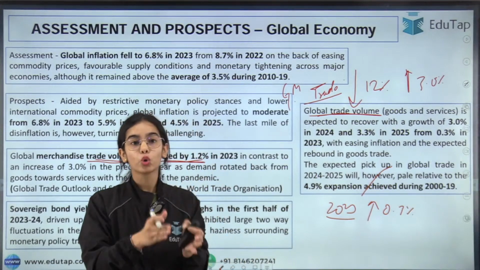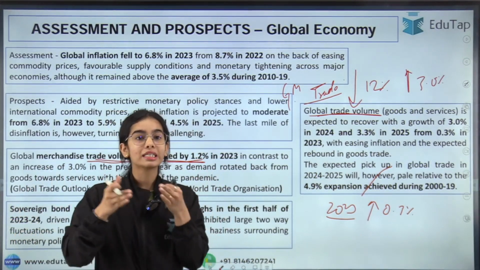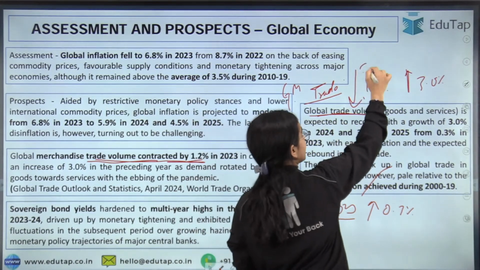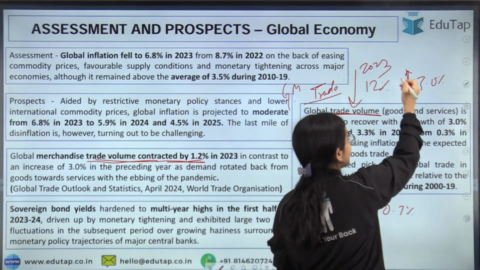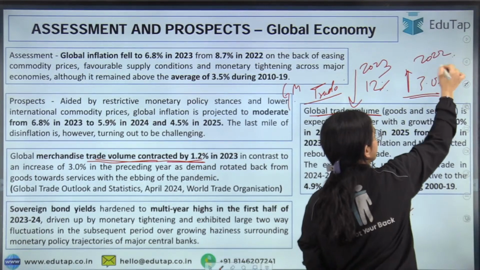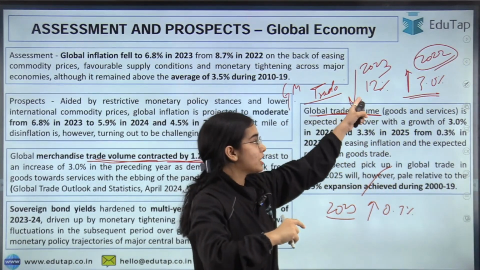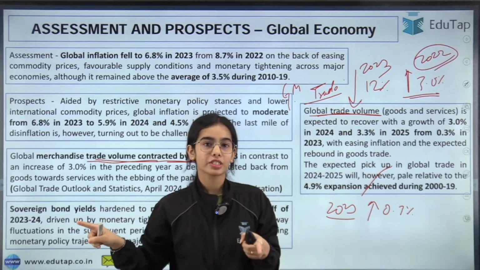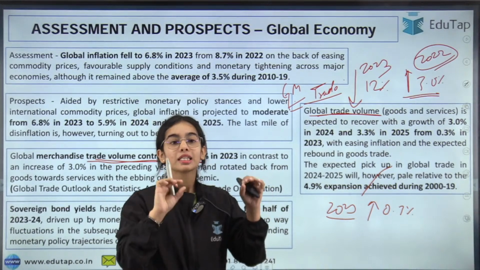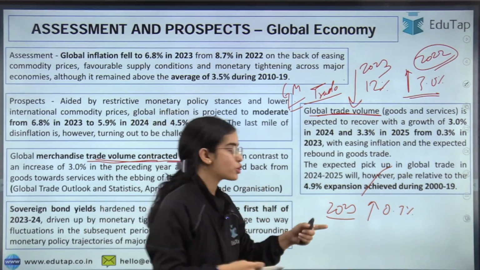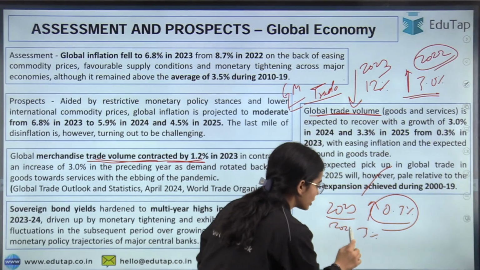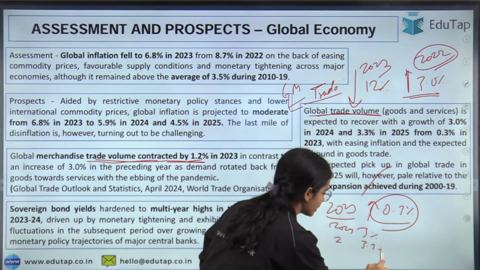So remember that the global merchandise trade decreased by 1.2% in 2023, while the demand rotated towards the services sector. If the global merchandise trade is decreasing by 1.2%, the services trade was increasing by 0.3%, which is expected to increase by 3% in 2024 and 3.3% in 2025.